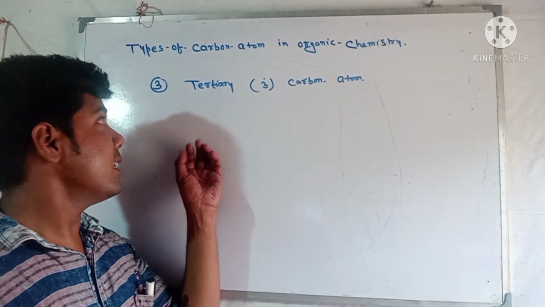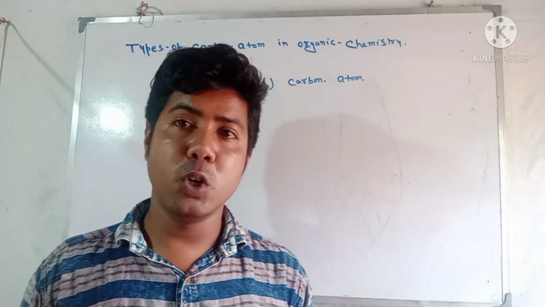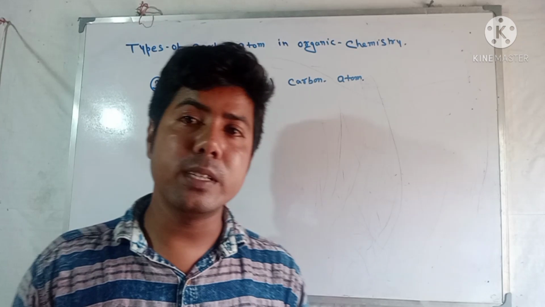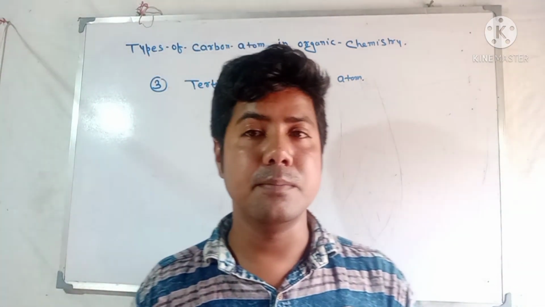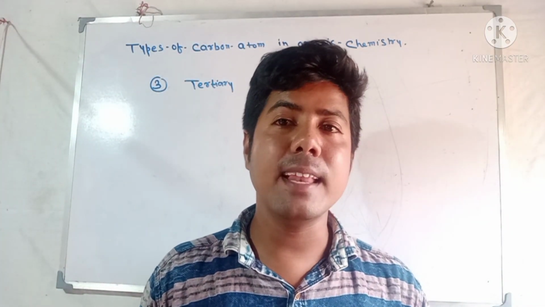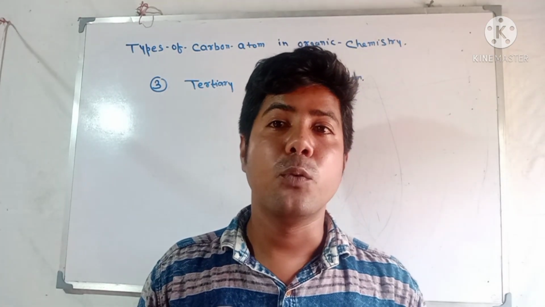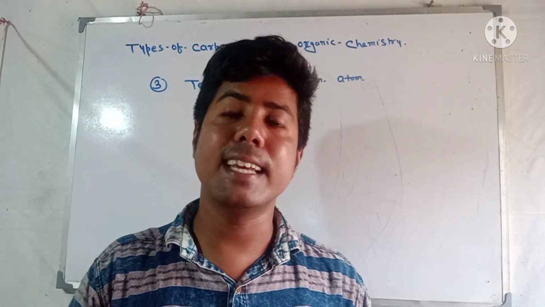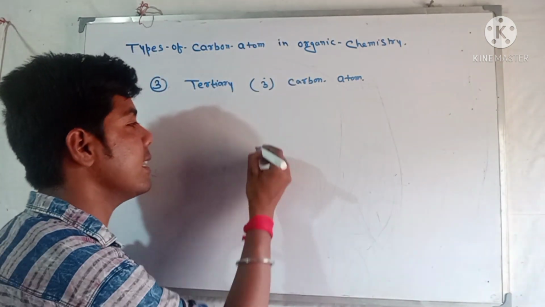Now this is a tertiary carbon atom. The definition of tertiary carbon atom is the carbon which is attached with 3 carbon atoms, and 1 valency is completed with 1 hydrogen atom. That carbon is called tertiary carbon atom. Here is the example.